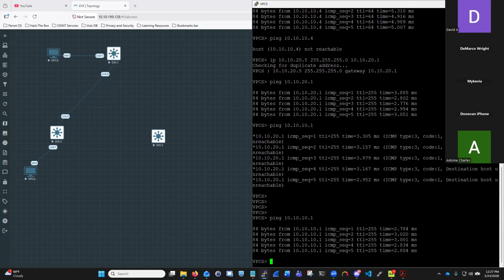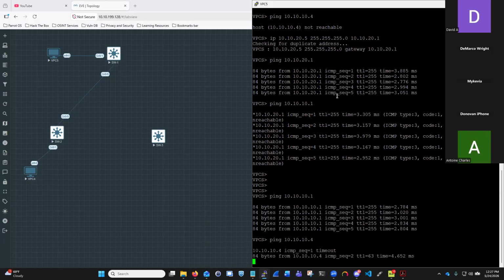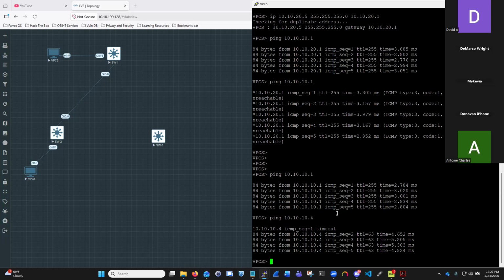For the final test, let's see if we're actually able to reach hosts on a different subnet. Okay. So now there's communication between a host on VLAN 10 to a host on VLAN 20.